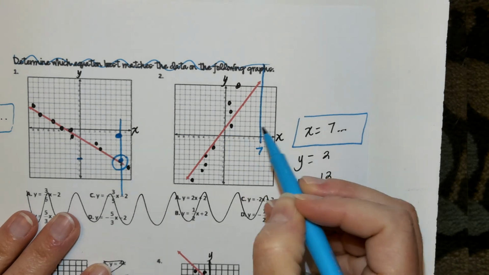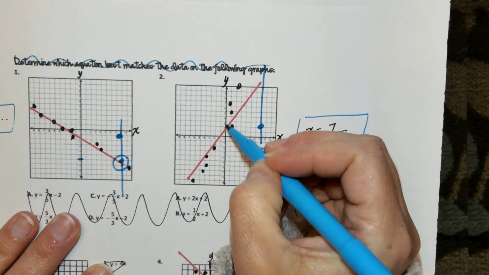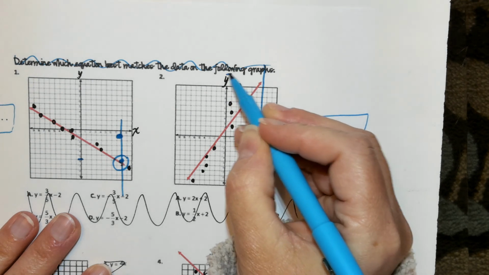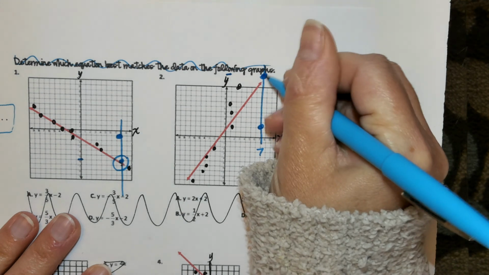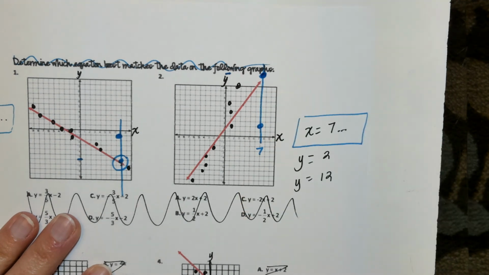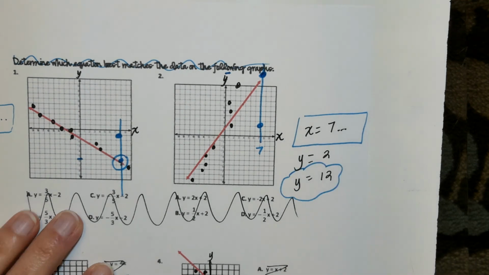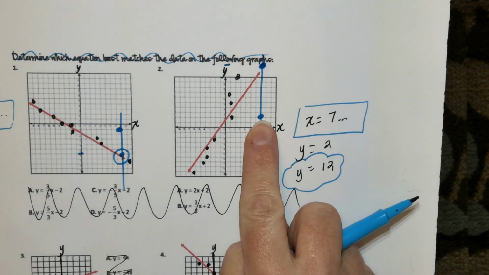Let's do a few more. Here we go. This has a positive correlation. We have a line of best fit. They're asking us if x is 7, let me draw that line for you. This is where x is 7. Would it make more sense for y to be 2? 1, 2, which would be here. Or for y to be 12.